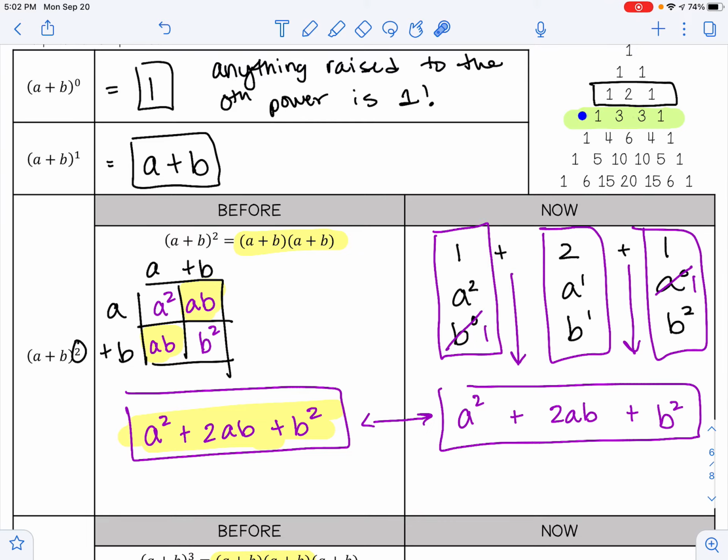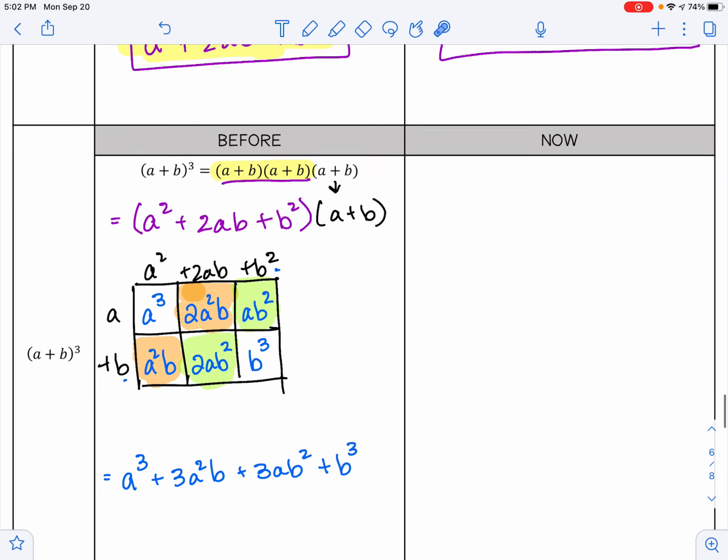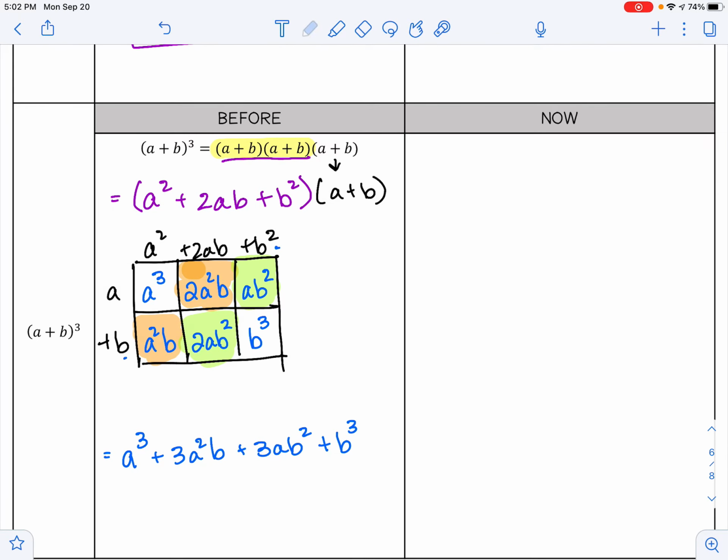So I'm going to use this row right here as my coefficients. So my coefficients are 1, 3, 3, and 1. We are adding, so that's why I have plus signs here.